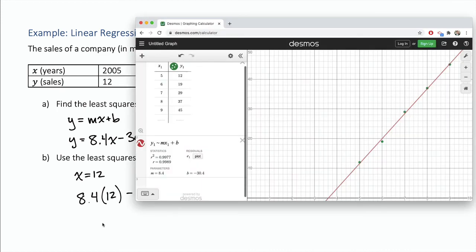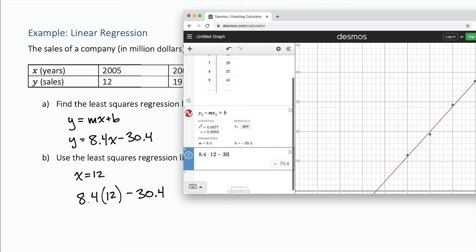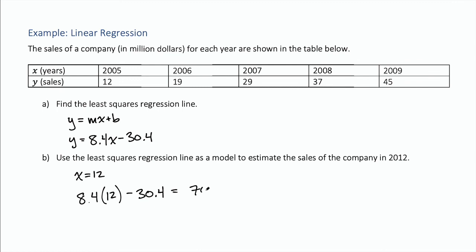I'll plug that into Desmos, and we get 70.4. So our estimate, based on these sales, if the linear trend continues, is that the company has $70.4 million in sales in 2012.